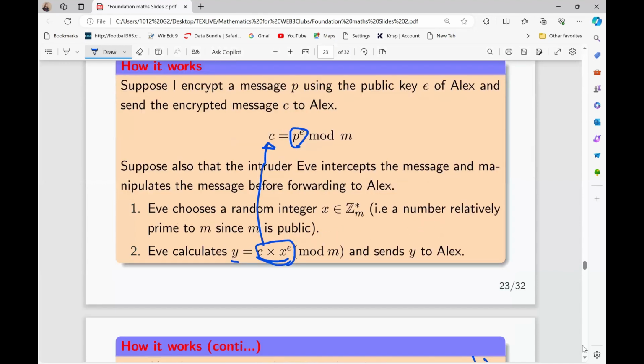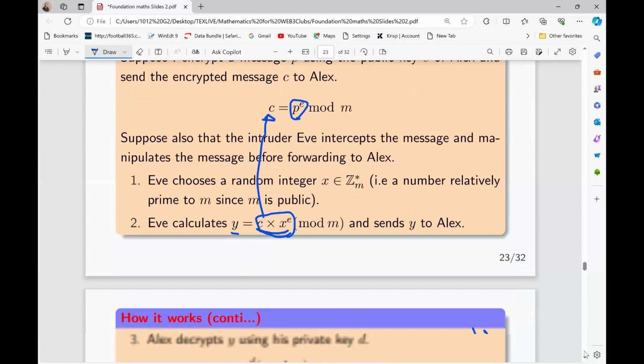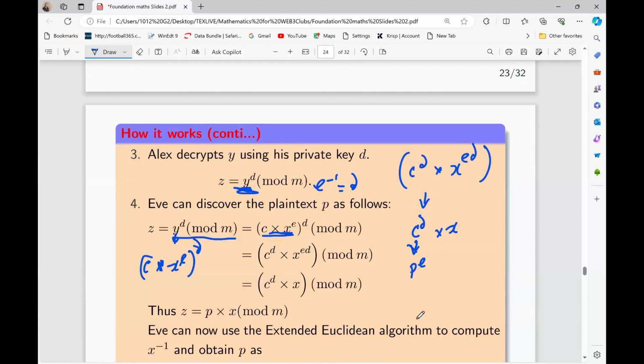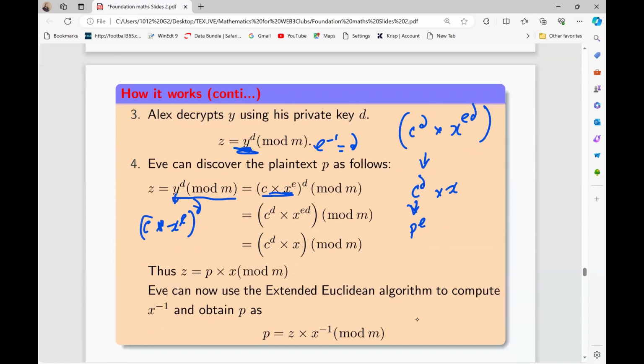C is P raised to E. So that means C raised to D is P raised to E, then raised to D. That's what you get. Then multiply by X. E times D is 1 because they are inverses of each other. What you get is P times X, and this is the same as Z.